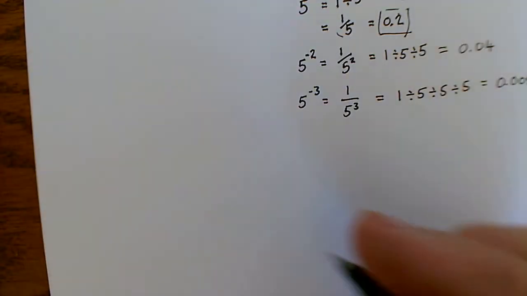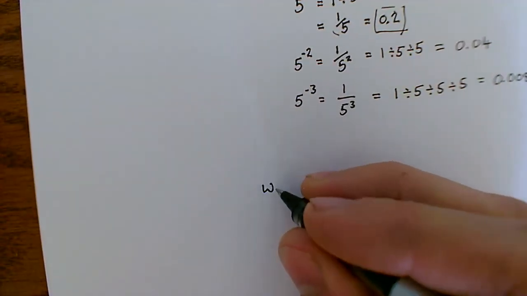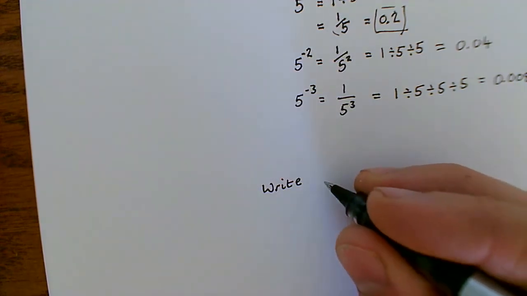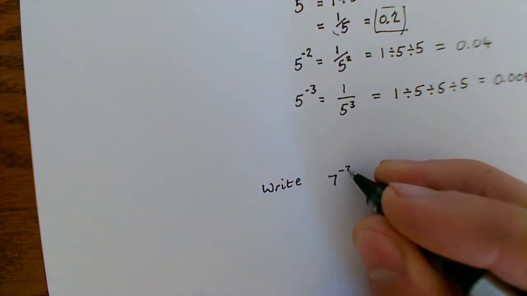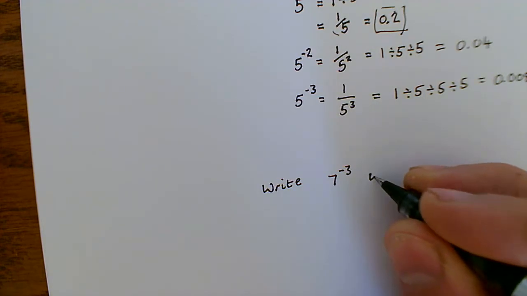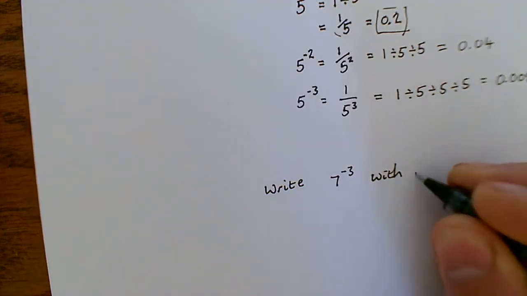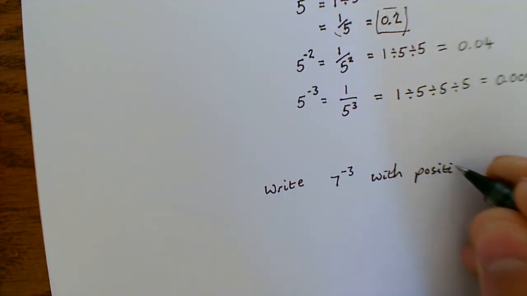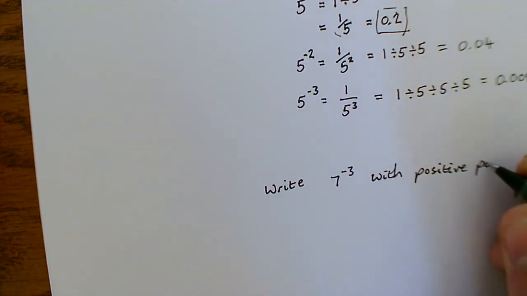Let's now look at some questions. So here is the first classic question that you're going to get. Something like, write 7 to the minus 3 with positive powers. So here we've got a negative power, and the question is asking us to write that with positive powers.